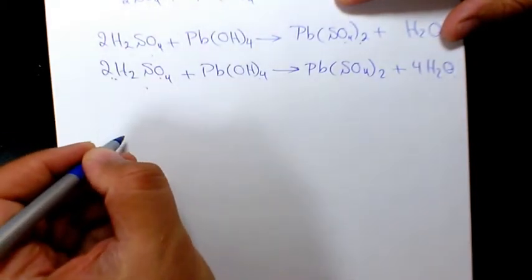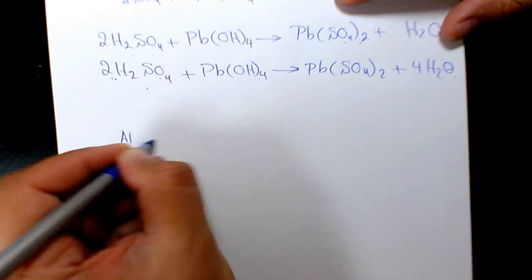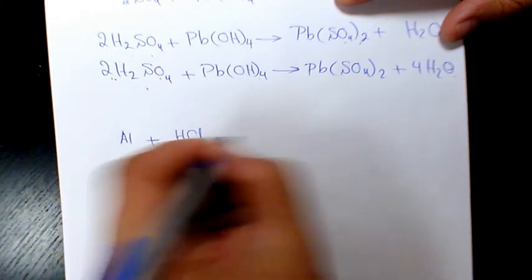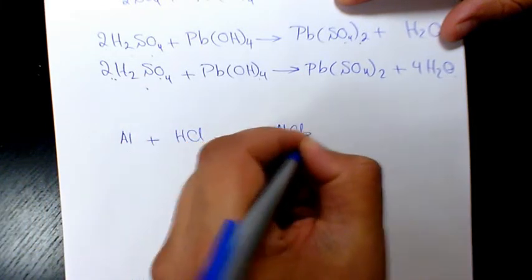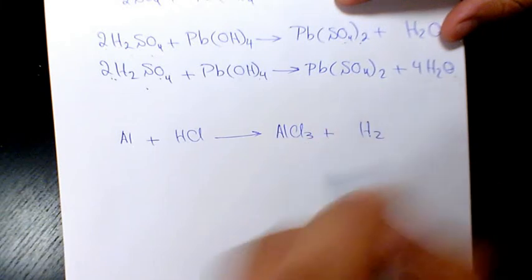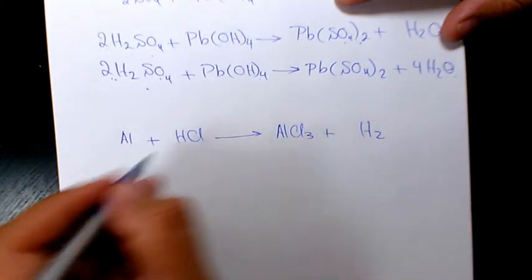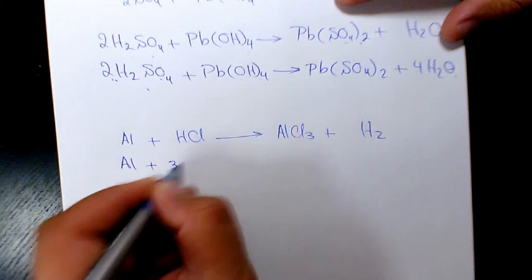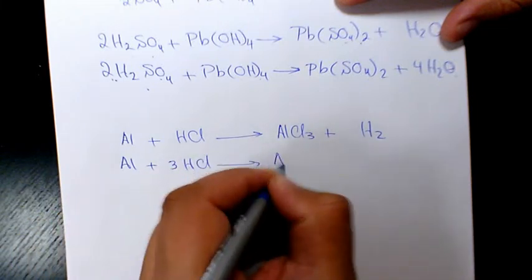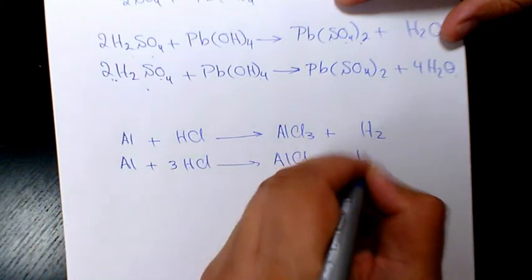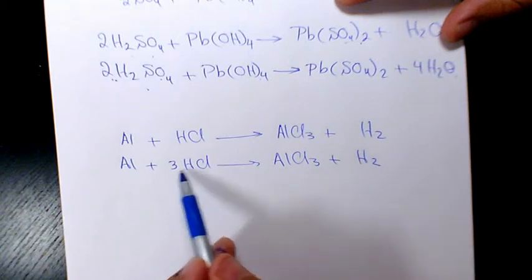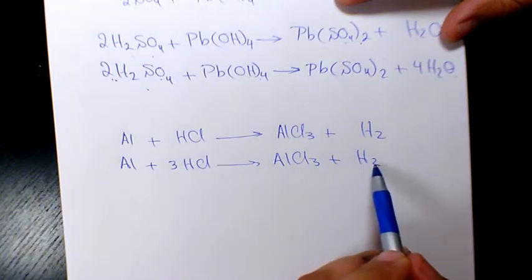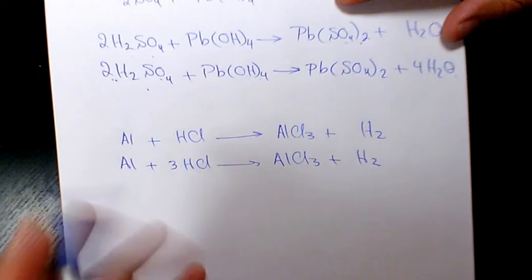Next one. Al plus HCl gives us AlCl3 plus H2. We have 3 Cl, so we need to put 3 in here. We have 3 hydrogen here, we have 2 hydrogen here, so I need to place 3 in here, 2 in there.